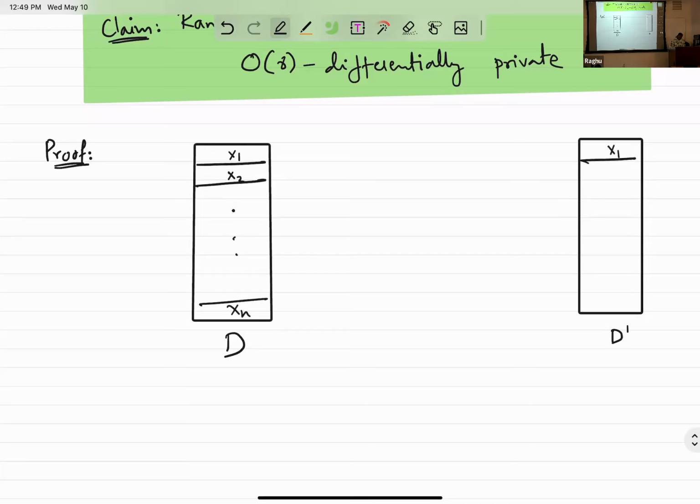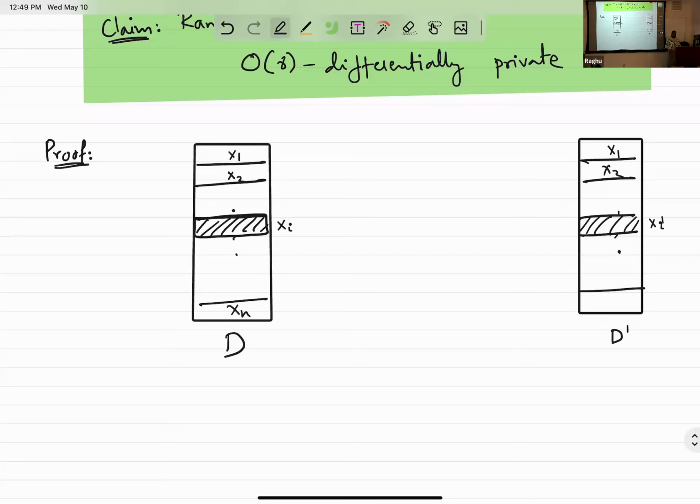You have your x1, x2, up to something, and maybe you're changing some ith coordinate. Okay, so this is some xi, whereas this is some xi prime. I'm changing the ith coordinate. So these are two neighboring databases which differ in the ith coordinate.